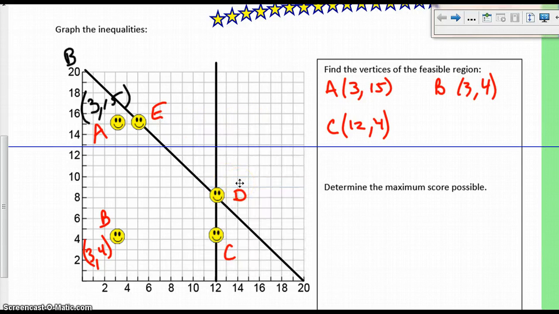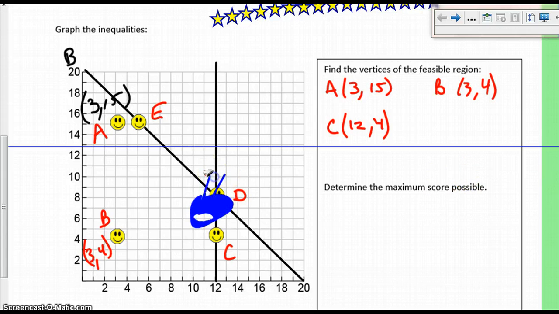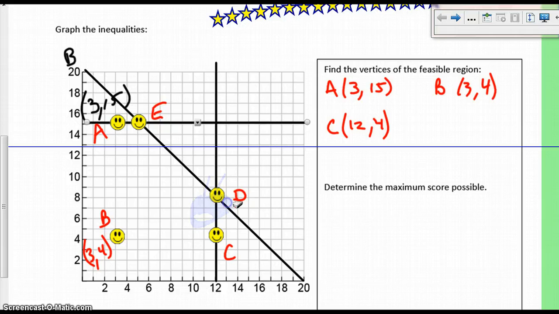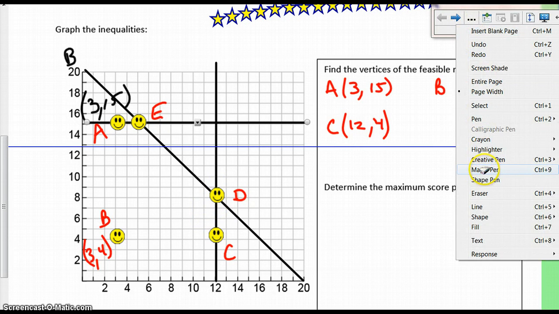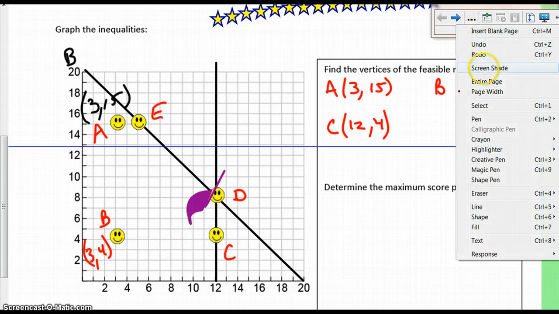So if I want to find just the intersection of these 2 lines right here, so I want this intersection point right there. Whoa, that's not what I meant to do. Undo. Oh, erase. Oh my gosh, look at that. Alright, let's try it again. I want to find the intersection point. Oh boy. Redo. Undo. Normal pen. Come on.